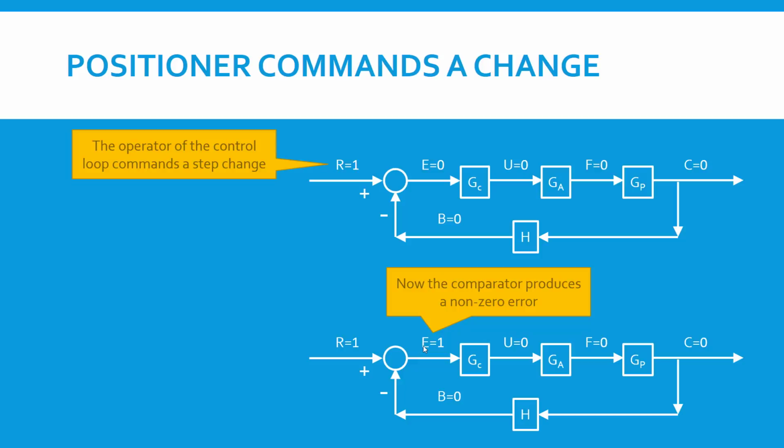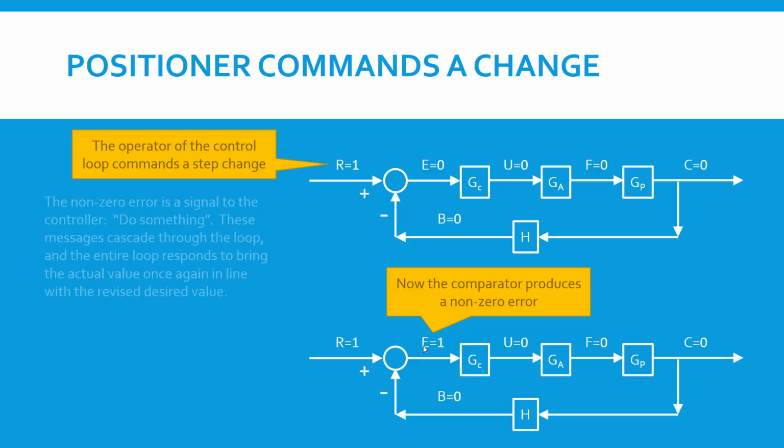So basically what happens here, we started off in a situation with the input being changed, a step change being made, and then that non-zero value being propagated through the loop, starting with R and then finding its way around the loop.